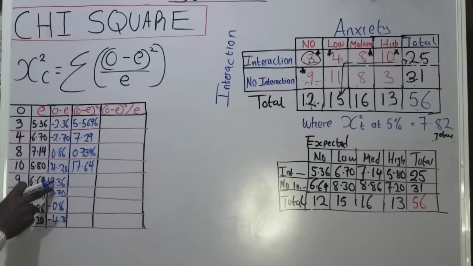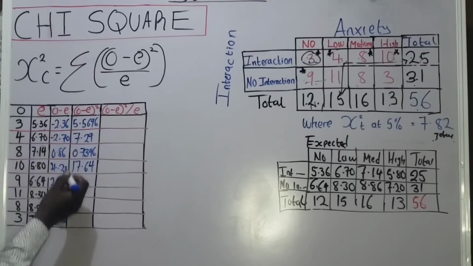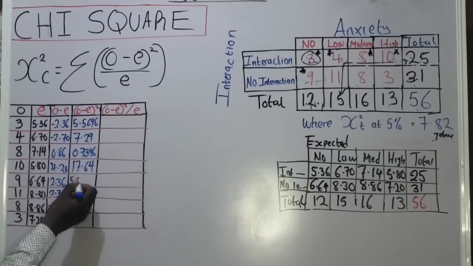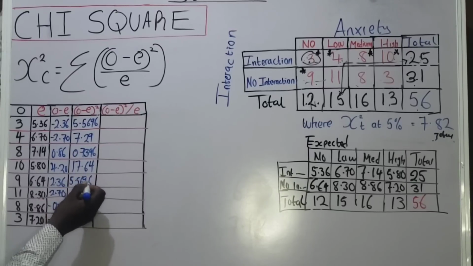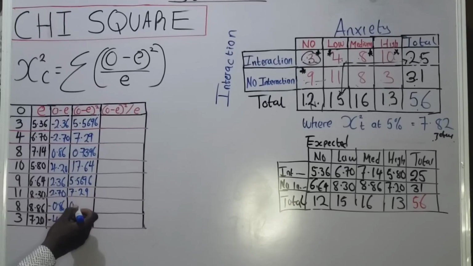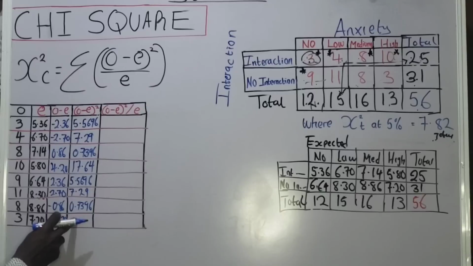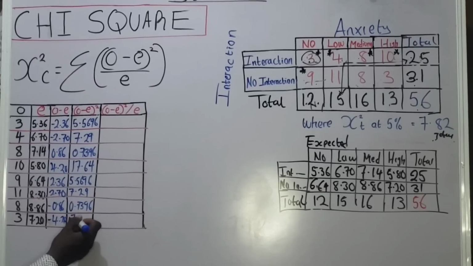Then 2.36 squared is 5.5696. Here I'm going to have 7.29, here 0.7396, and here 17.64.